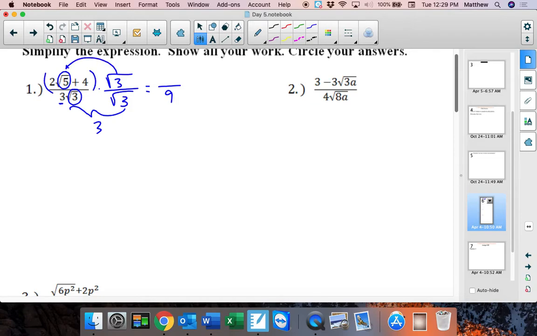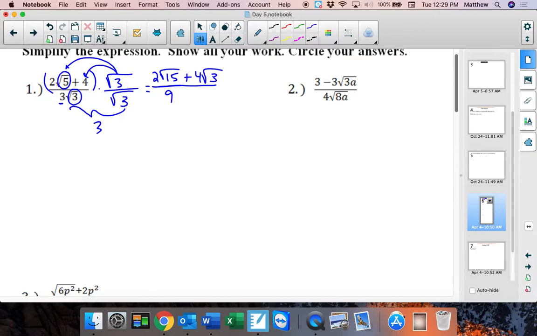Root 3 times 2 root 5 is going to give me 2 root 15. Plus root 3 times the 4 is 4 root 3. Okay. Root 15, simplified. Root 3, simplified. The 2, 4, and 9 coefficients, I cannot reduce those, so I am finished.